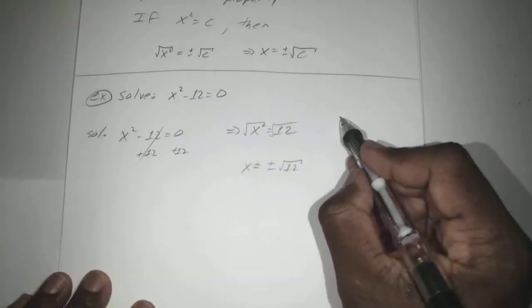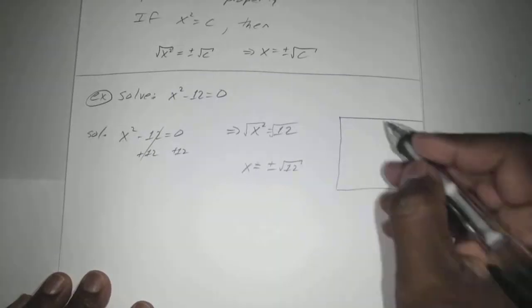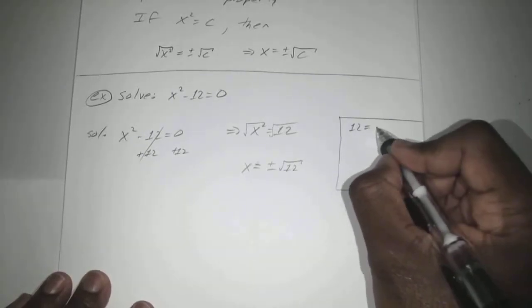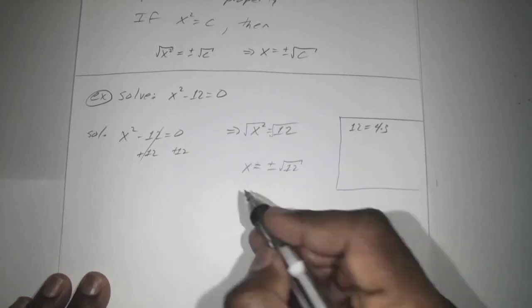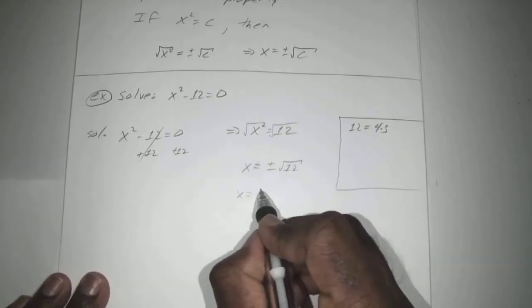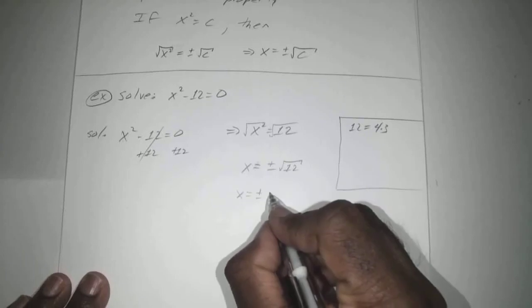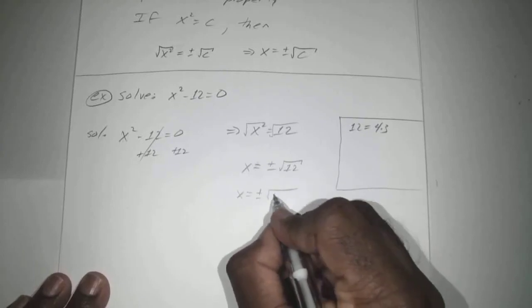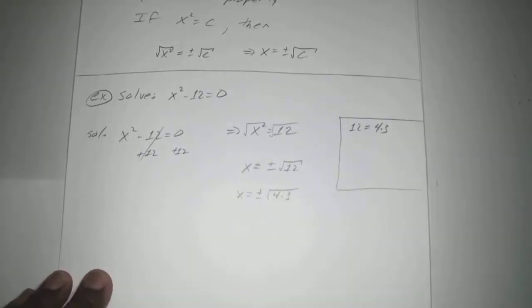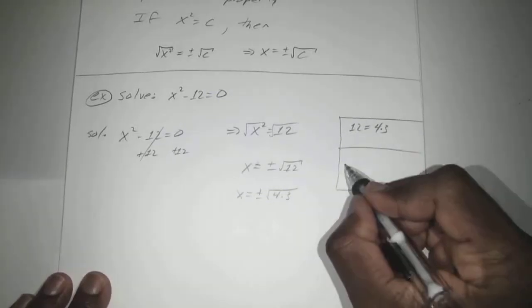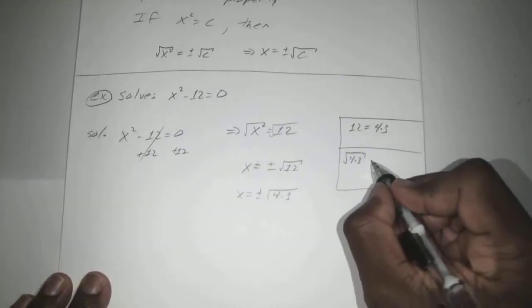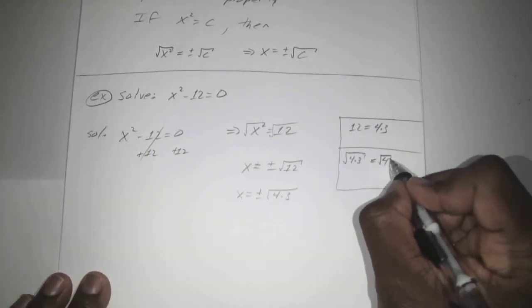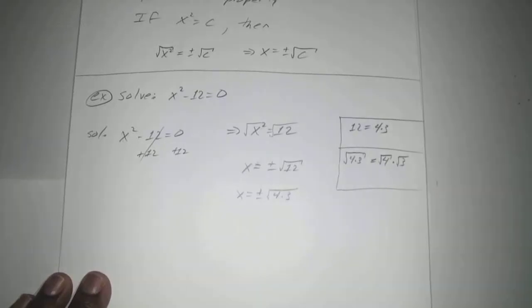Now, since we know that 12 equals 4 times 3, we can make our x equals positive or negative square root of 4 times 3. And we already know that if we get square root of 4 times 3, we can just separate it into square root of 4 times square root of 3.